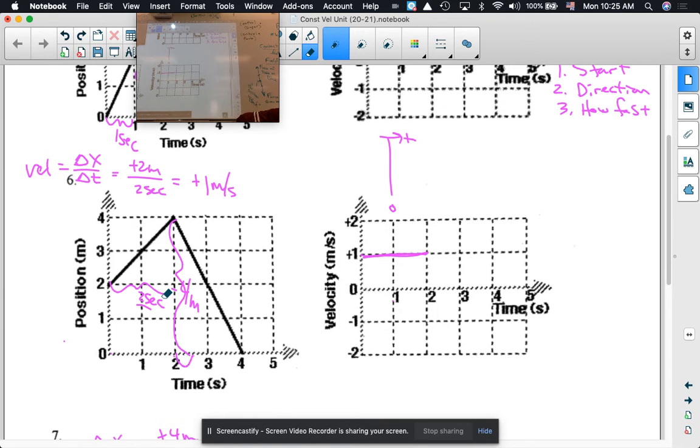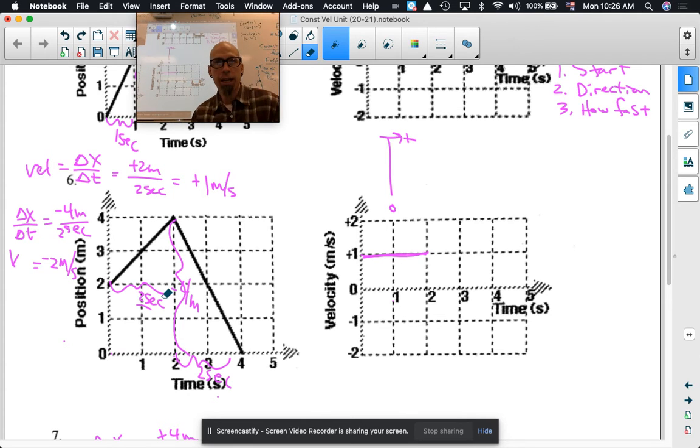And how long did that take? Well, that took 2 seconds, which means my change in position, my delta x, is negative 4 meters over a time interval of 2 seconds. That's a total of what? That's negative 2 meters per second. And that's my velocity.